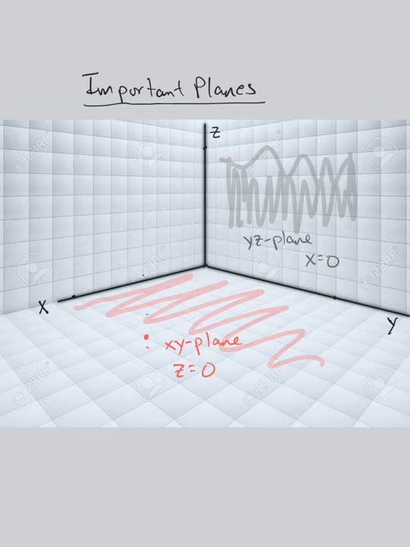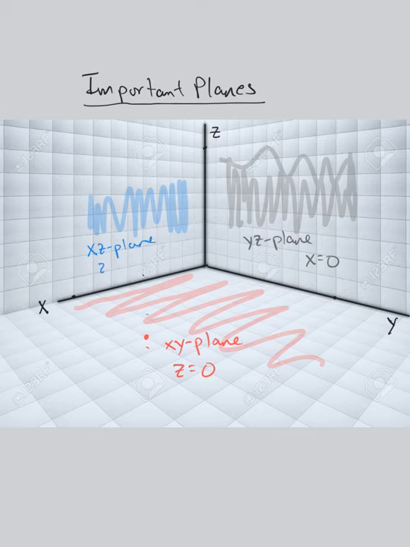And you can kind of see a pattern now. If you're talking about one of these planes, the third coordinate would be 0. So likewise, over on this third wall here, right here, okay, that's determined by the x and the z axes, and so we would call that the xz plane.